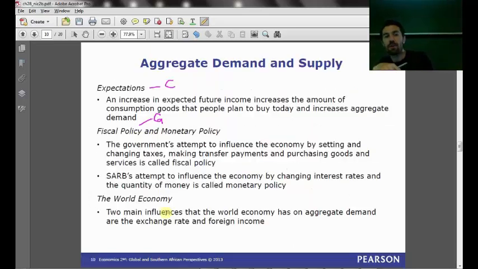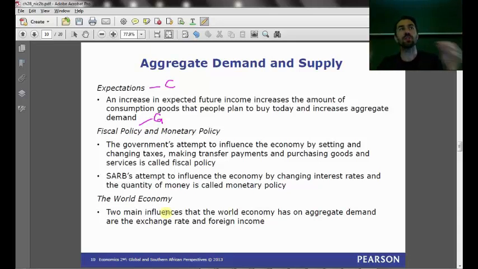If the Reserve Bank comes along and just changes the money supply, so no change in prices, that influences interest rates without changing price level yet. Right? Just change the interest rates.